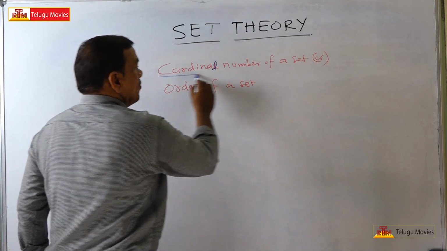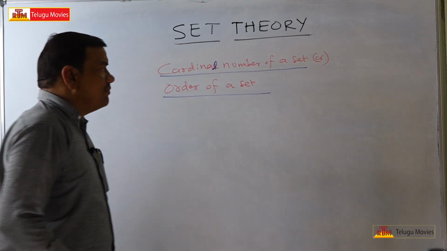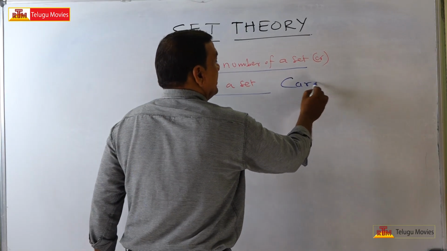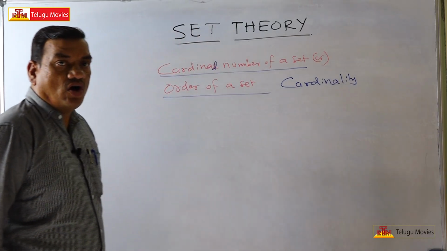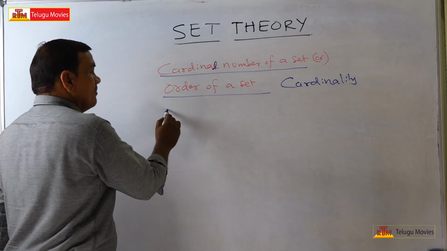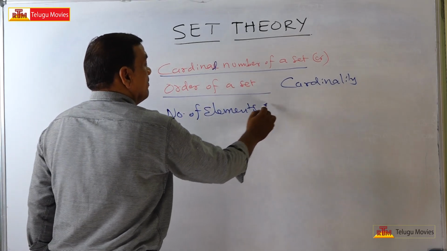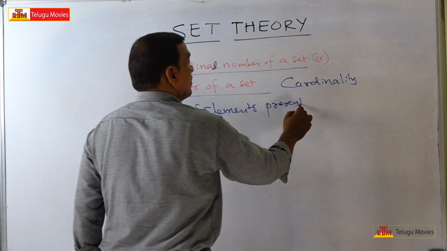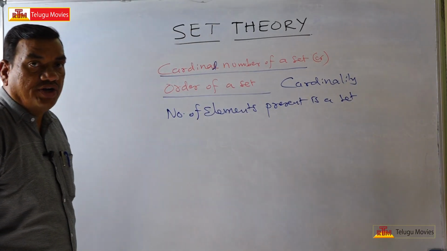Cardinal number of a set or order of a set. What is meant by the cardinal number of a set? Sometimes they also call it cardinality. Cardinality of a set means the number of elements present in a set is called the cardinality of the set.